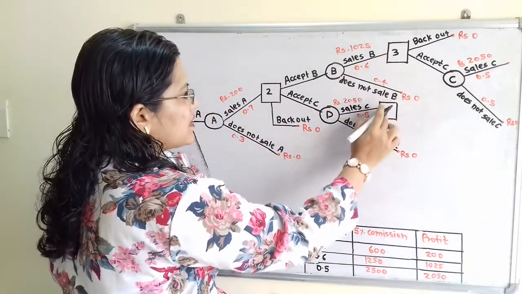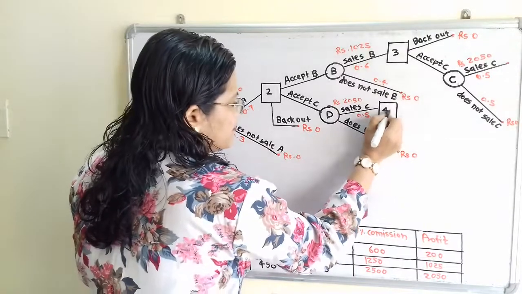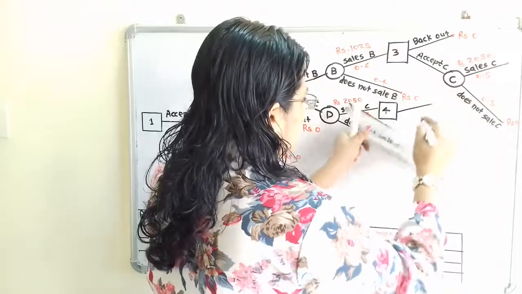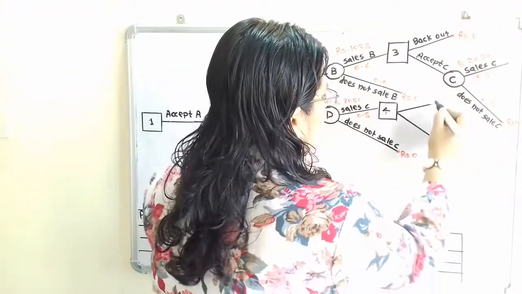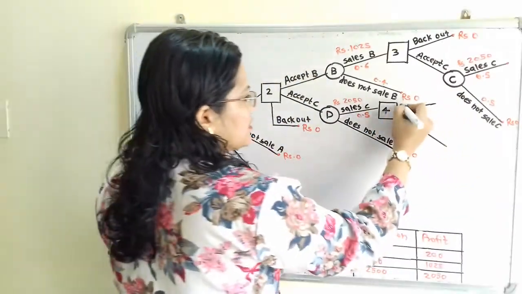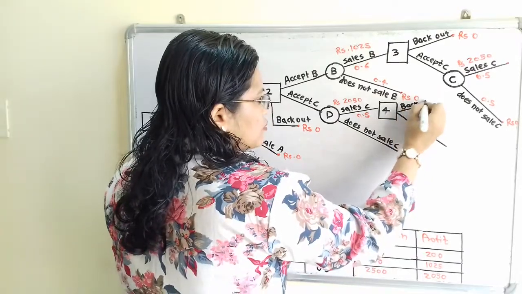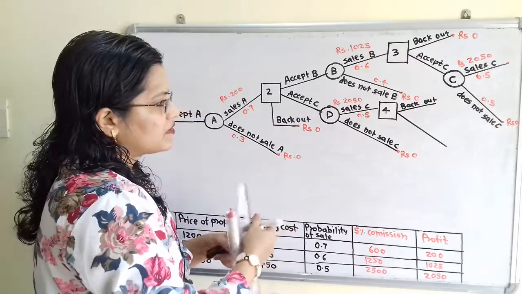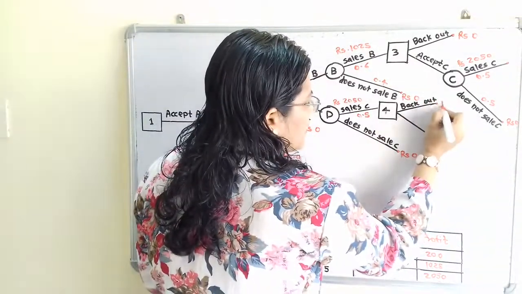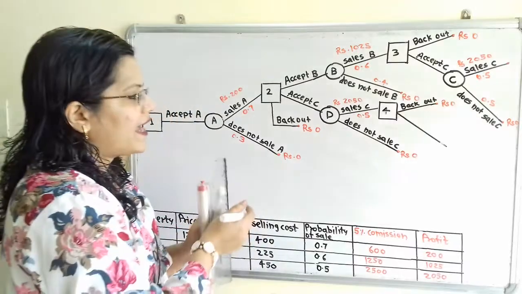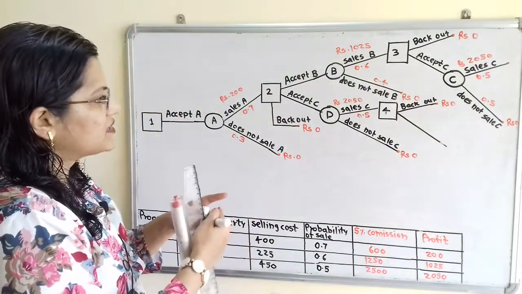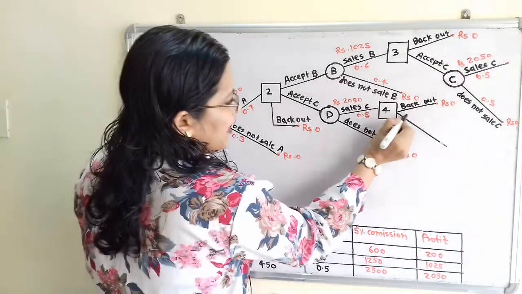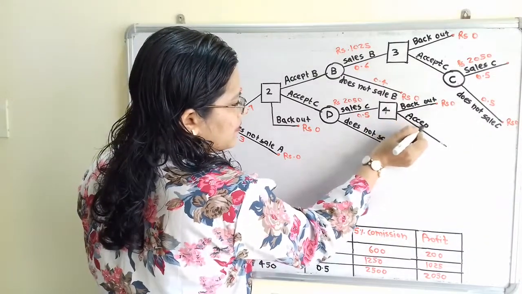So this is his fourth decision. Now we have to show the branches. The first decision is back out. Back out means no outcome here, it will be ₹0. And the second decision, he has to accept the offer for B.